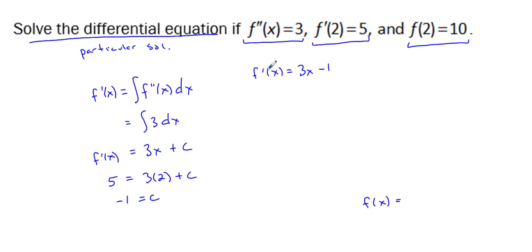All right, what's the antiderivative of f prime? That would be f. Okay, so antiderivative f prime of x dx equals f of x. Okay, antiderivative of 3x minus 1 dx.